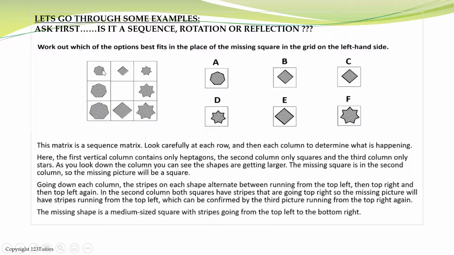So let's start off with this type of question. Is it a sequence, rotation or reflection? Well, it's clearly a sequence, because you've got a pattern going on here whereby, looking down the column, it's the same shape, the same shape, the same shape, and the trick is to look at the completed columns first. Let's just look at the left and the right hand side. So it's the same shape, so it tells us the middle one is going to be either B, C or F. The next thing is to look at one dimension at a time, as I said, within the pattern you've identified.